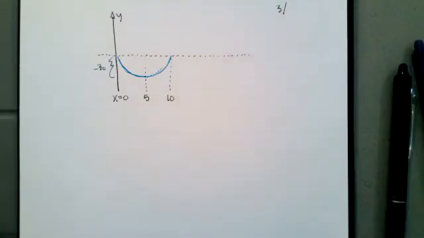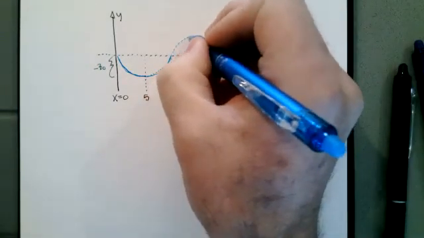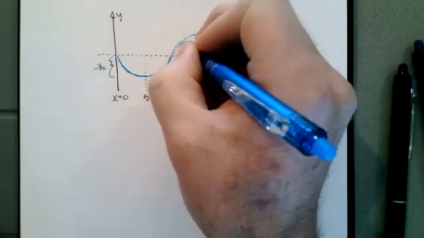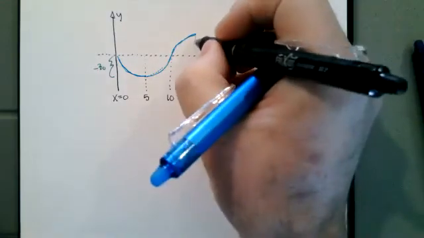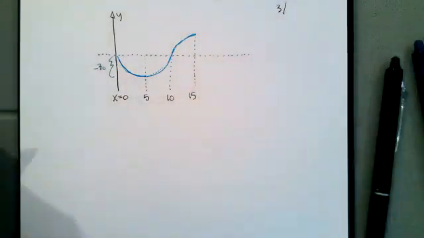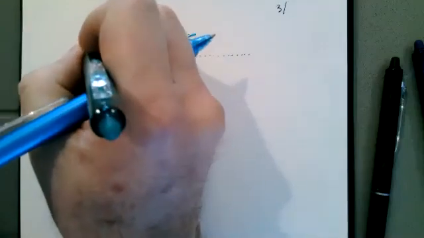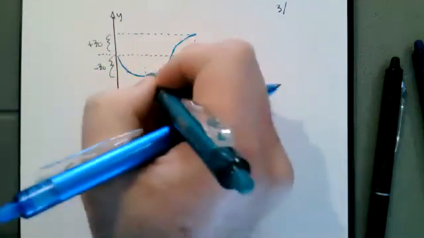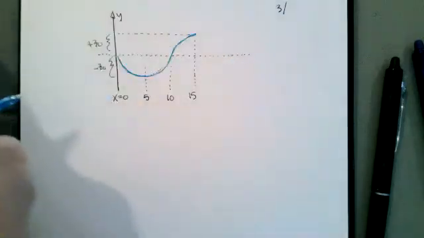And then we'll see an increase and concave down, because at 10, the concavity changes. But the amount of increase is going to be plus 30. So from the bottom to the top, that's a total of 60 of an increase.